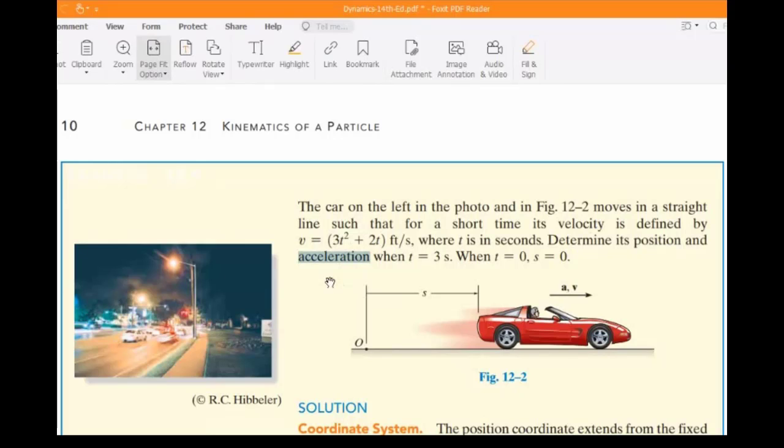No, sir, because I don't know the acceleration. If I don't know it, how can we use the direct equations which are derived for constant acceleration? We cannot, right? Yes, sir.